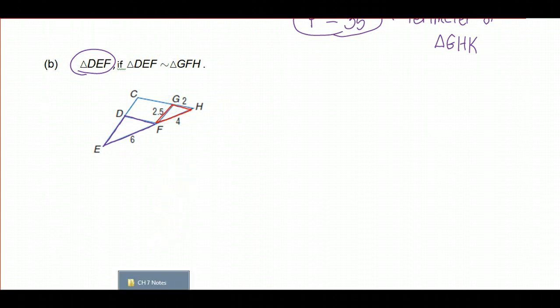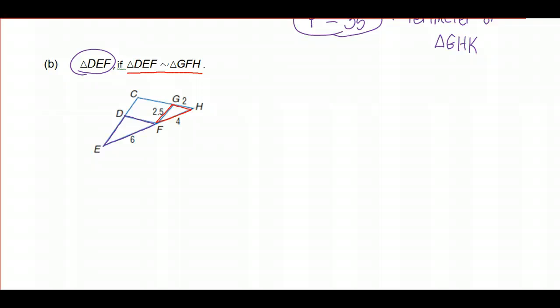Those are the two triangles that are similar to each other. That was the similarity statement that was given here. So as long as we know two corresponding sides, so we can come up with a scale factor, and we know the perimeter of one of the triangles, we can figure out the perimeter of the other.